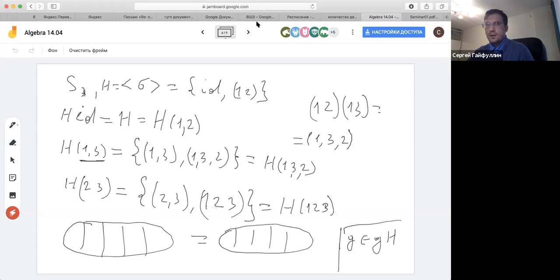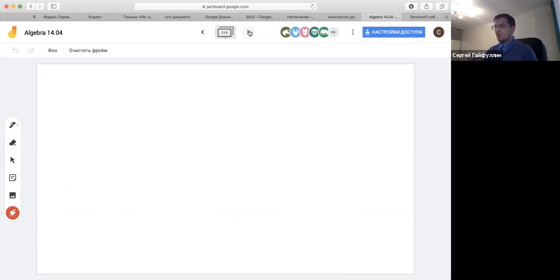Okay, and let us just give a picture of what we have. We have S3. There are 6 elements in it: 1, 2, 3, 4, 5, 6.